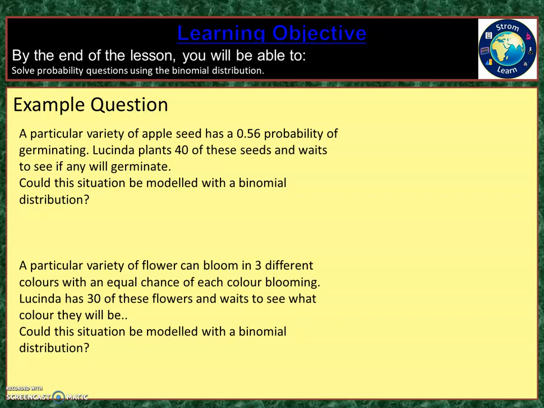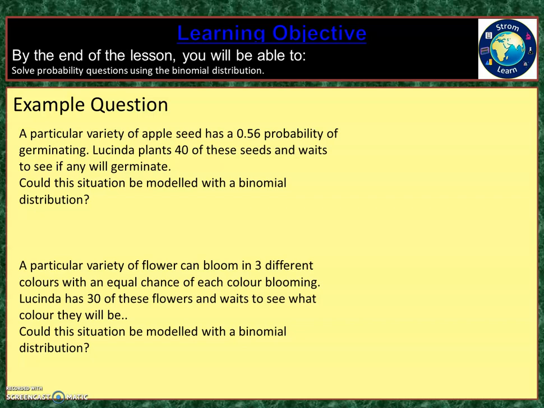The second condition that we have to have is there needs to be a fixed number of trials. And the third is there needs to be a fixed probability of success. So when we have a situation where those three things are all in place, then a binomial distribution could be appropriate.